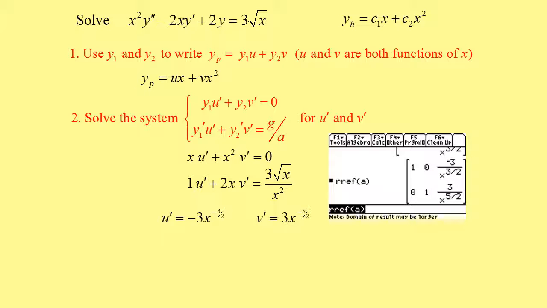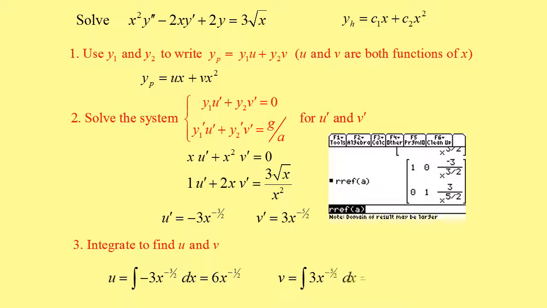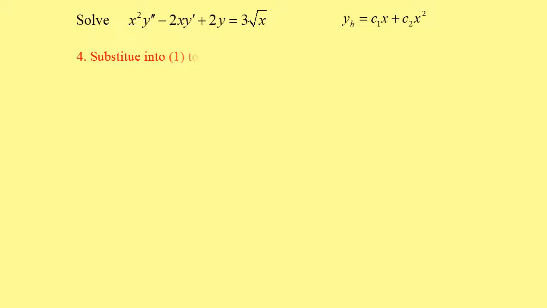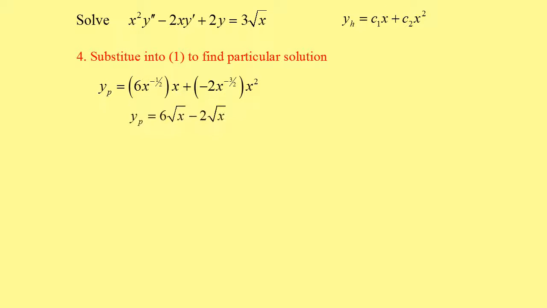So once we know u prime and v prime, we then do the integrals of those. So here's the integral of u prime and the integral of v prime. So there's the u and the v. Once we find u and v, we can plug those back in to find our particular solution. So substituting those back and doing some simplifying, we get our particular solution.